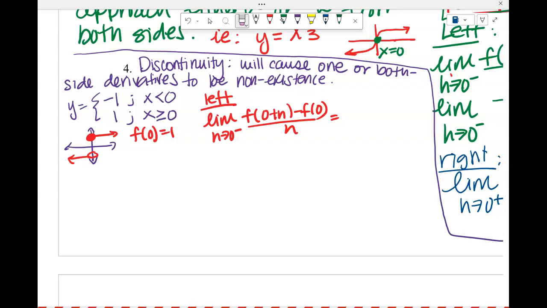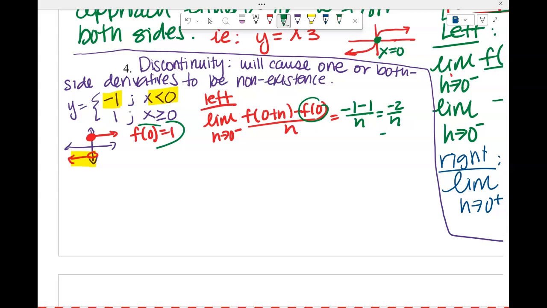If we are approaching 0 from the left, we need the negative 1 for f of h. F of 0 is always going to be 1. So currently this is negative 2 over h.